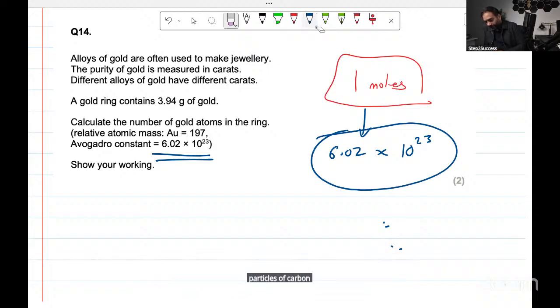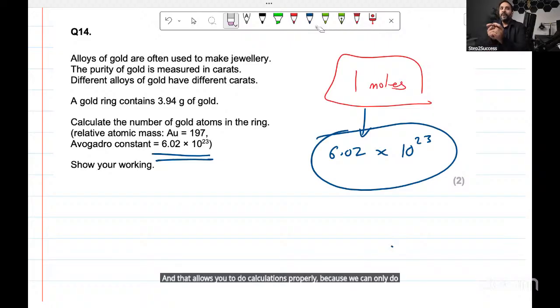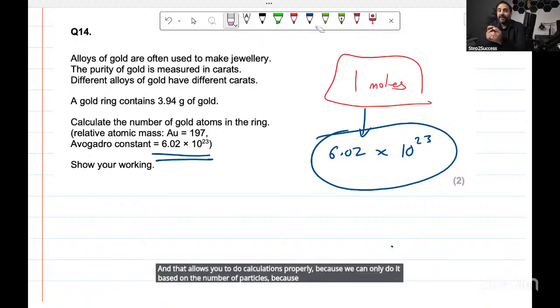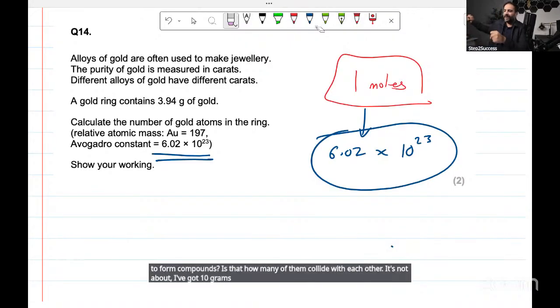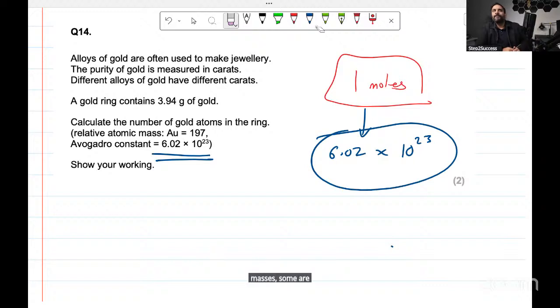That is a very big number. And that allows you to do calculations properly because we can only do it based on the number of particles. Because remember, they collide with each other to form compounds. It's about how many of them collide with each other. It's not about I've got 10 grams of this and 20 grams of that. That doesn't quite make sense in the context of number of particles because all particles have different masses. Some are heavier, some are lighter.